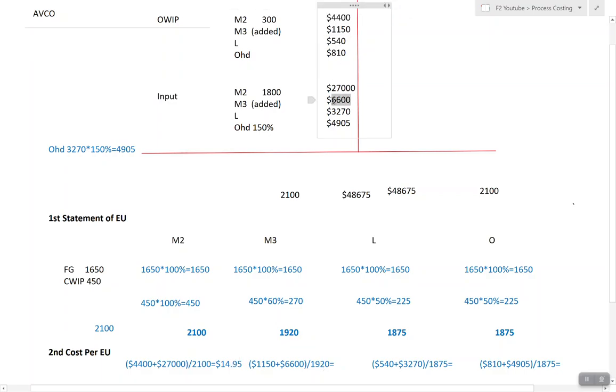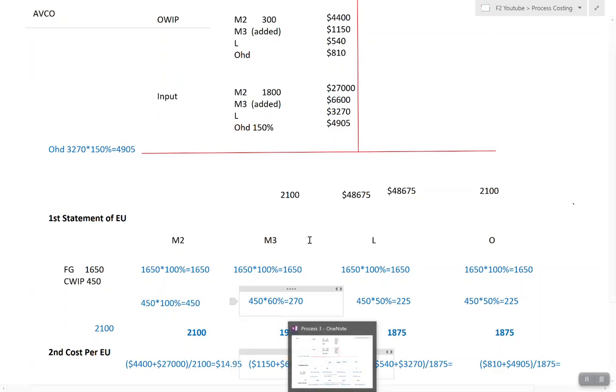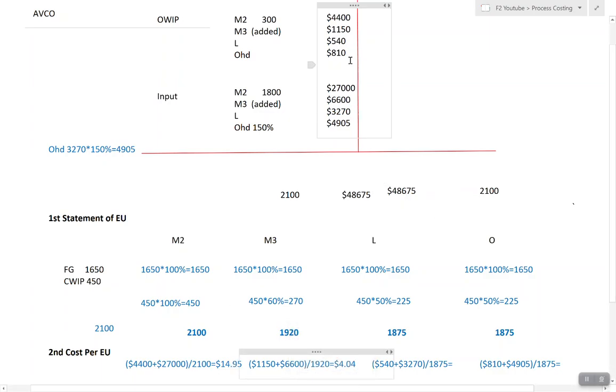Opening and the new divided by equivalent units becomes 4.05, and 540 plus 3,270 becomes 2.03, and 810 plus 4,905 becomes 3.05.